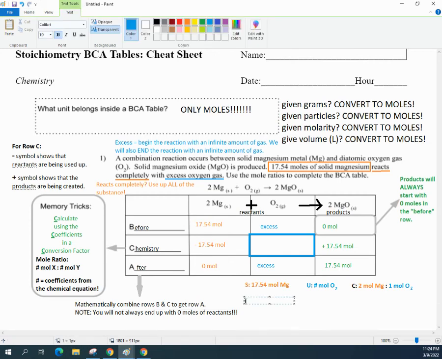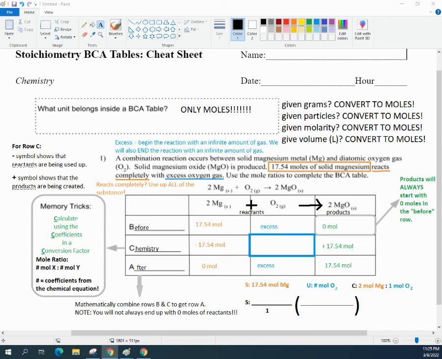Our setup will always be the same. We're starting with what we know over 1. So give me a moment to type that in. So here is our structure. This first fraction is always going to be what we know over 1. So that means we're going to start with what we know, 17.54 moles, and we're going to place it over 1, just like this.